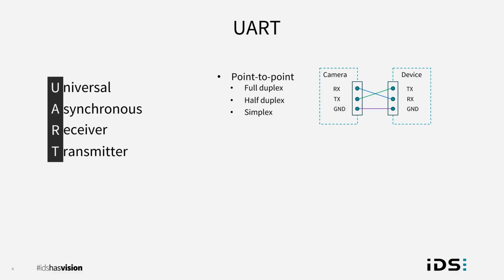If you use just a single connection, this is a simplex interface where only one device is transmitting data, and this is also supported. If the device uses the same signal levels or logic levels as the camera, in this case 3.3 volts, it is possible to connect the device directly to the camera. And this keeps the complexity low but limits the cable length to around 30 to 50 centimeters.